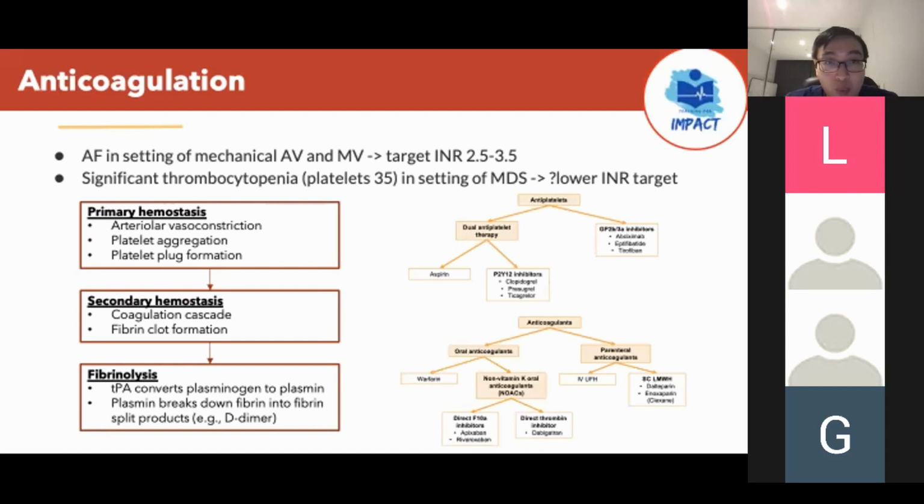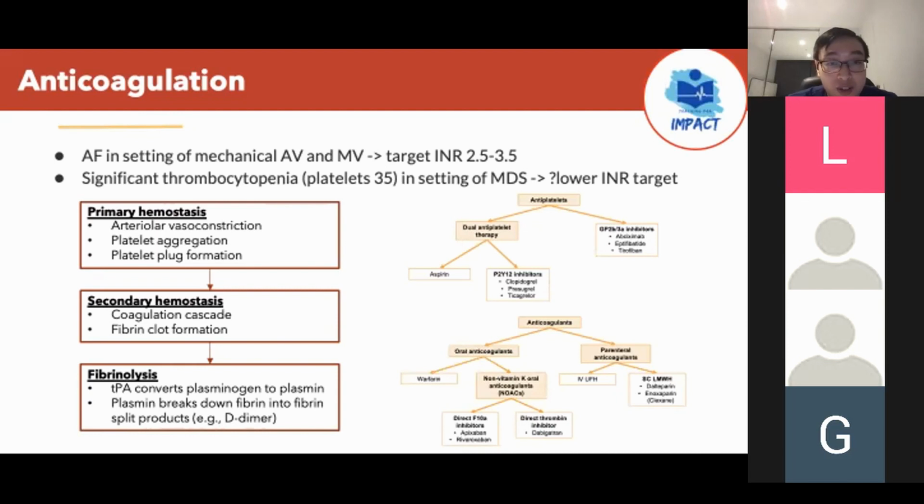Cool. So one tricky aspect of the management of this patient, which had us scratching our heads for quite some time, is his anticoagulation. So I just want to briefly revise hemostasis. As you all should know, hemostasis occurs through 3 steps: primary hemostasis, secondary hemostasis, and fibrinolysis.